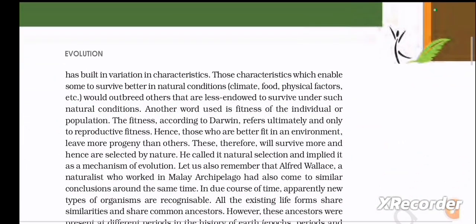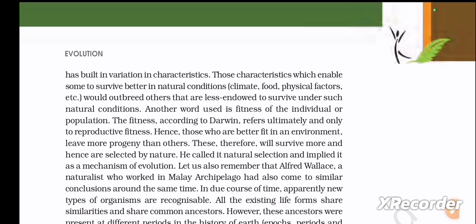Any population has built-in variation in characteristics. Those characteristics which enable some to survive better in natural conditions, climate, food, physical factors, etc., would outbreed others that are less endowed to survive under such natural conditions. Another word used is fitness of the individual or population.